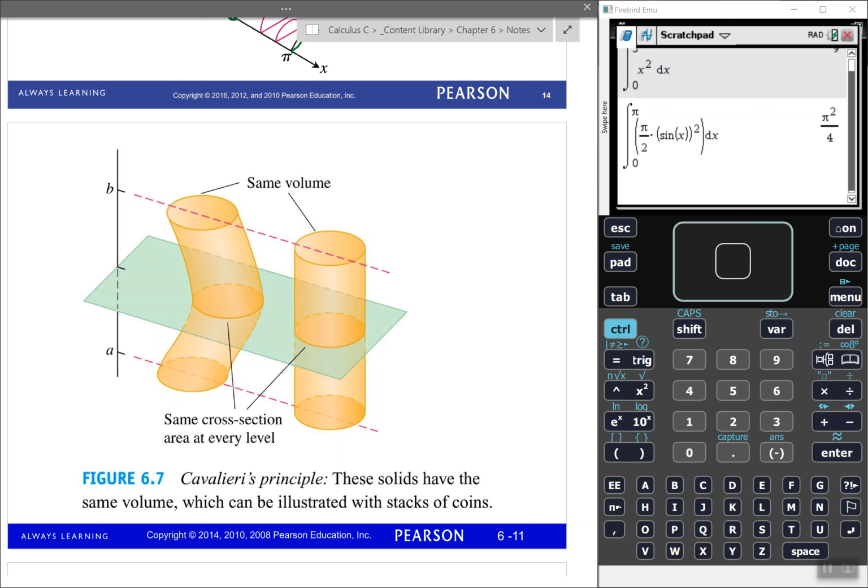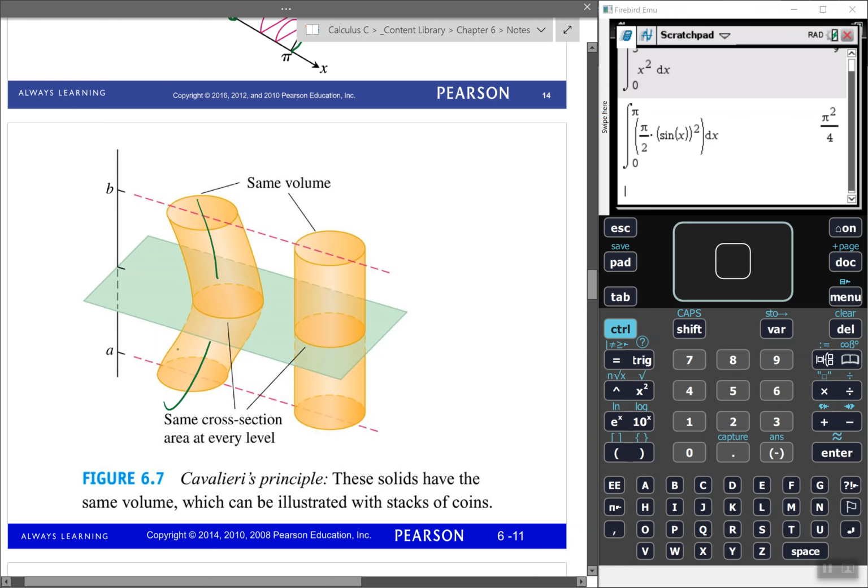And as long as those slices are the same, corresponding from the curved noodle to the straight noodle throughout, then they're going to have the same volume. So we don't really do anything with that. It's just sort of a principle they give us, and it's related to this volume from a typical cross section. And they even talk about a stack of coins.